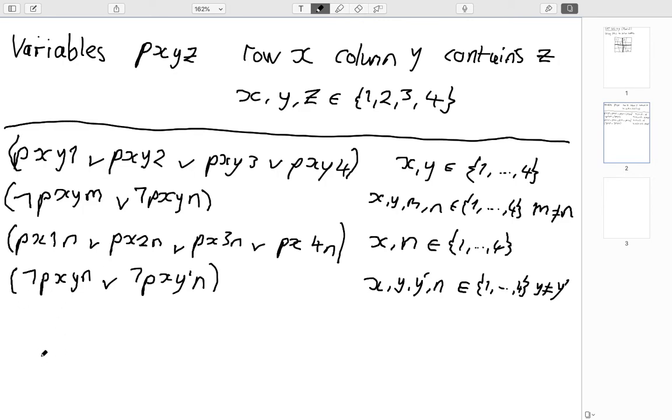And so we also want to say, so I'm not going to bother to write out the full clauses, that every column contains, well, at least one number and not two different numbers, so it's two different sets of clauses, but let's just summarize it more briefly by saying every column contains each number exactly once.